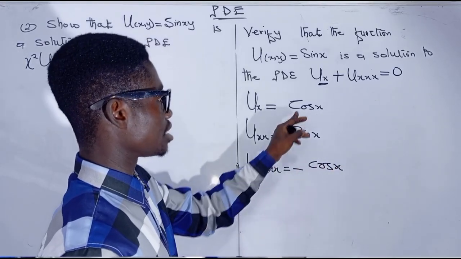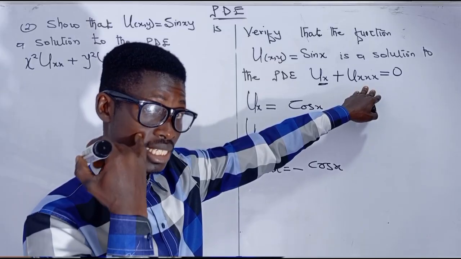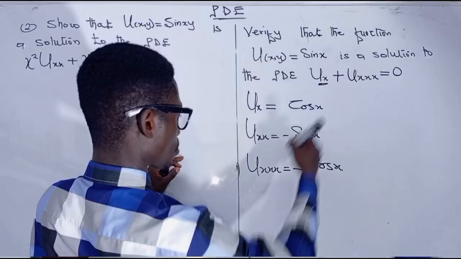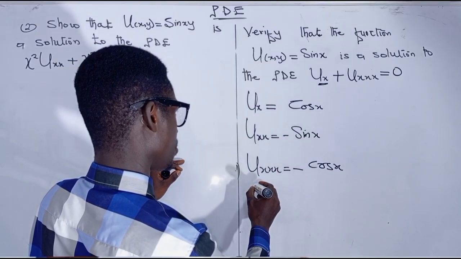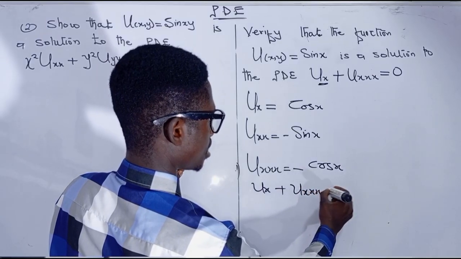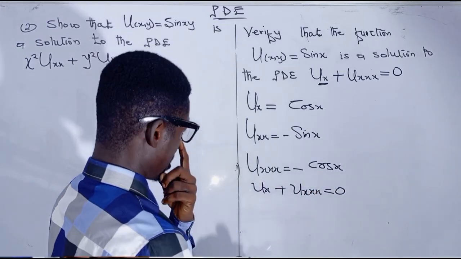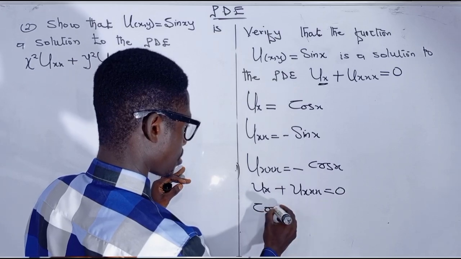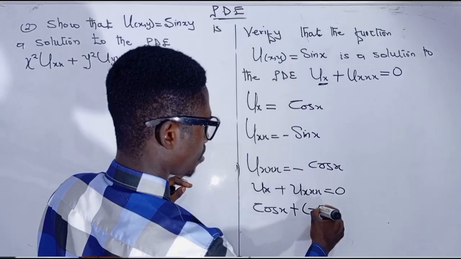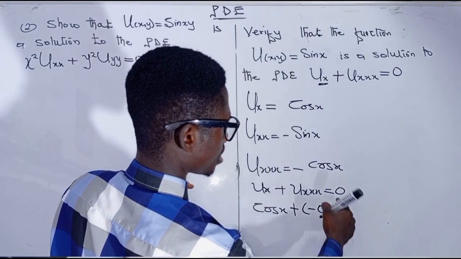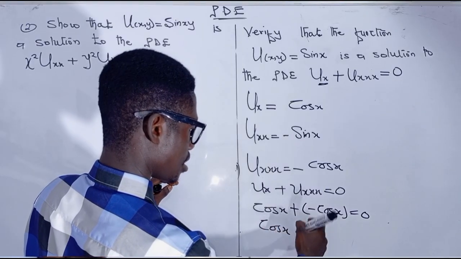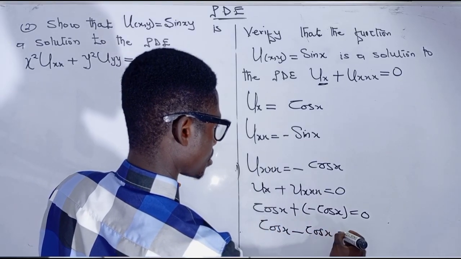Once you have all of these derivatives, we substitute them into the PDE that was given. Our ux is cos x, and we have ux plus uxxx is equal to 0. So we had cos x, plus uxxx, which we had as negative cos x, is equal to 0.